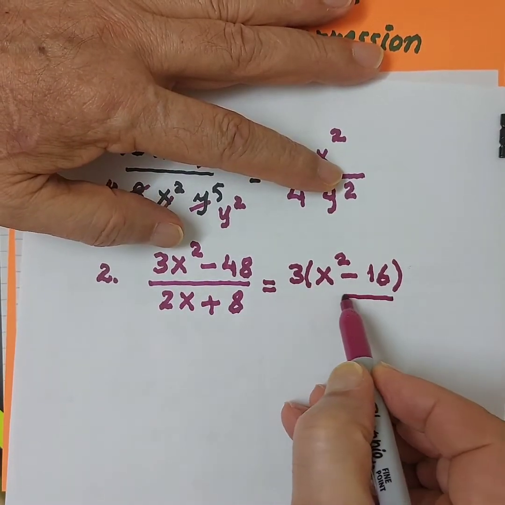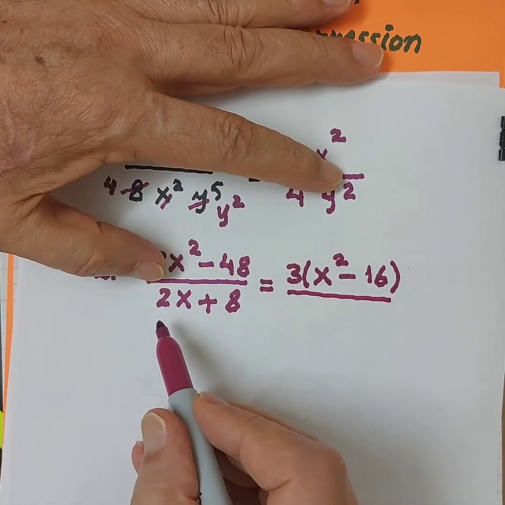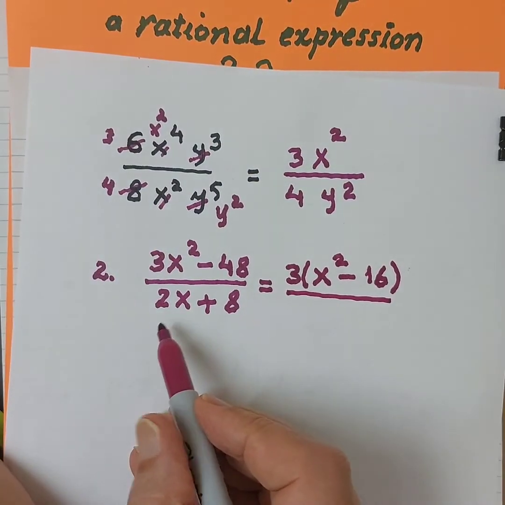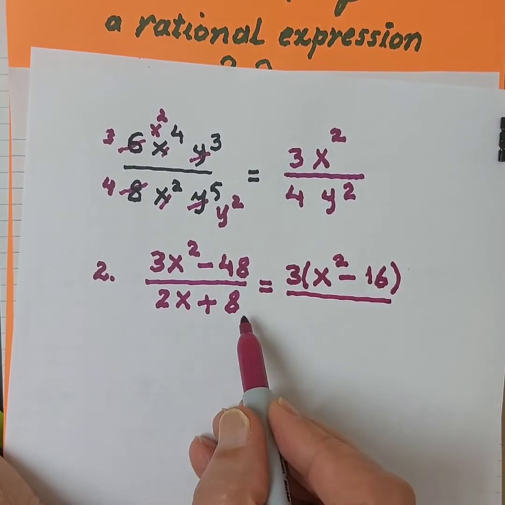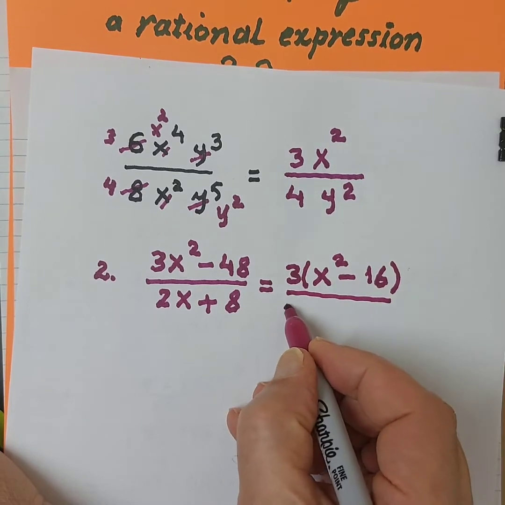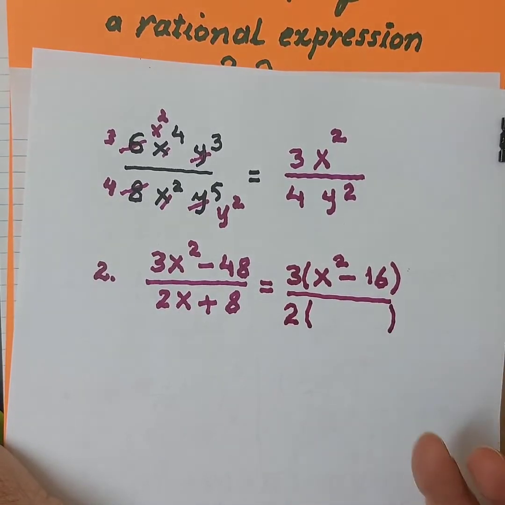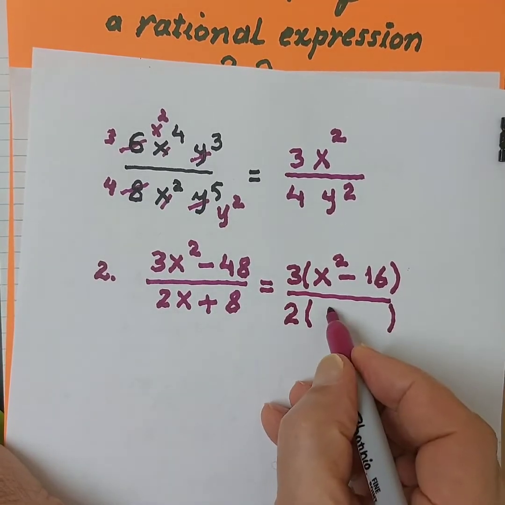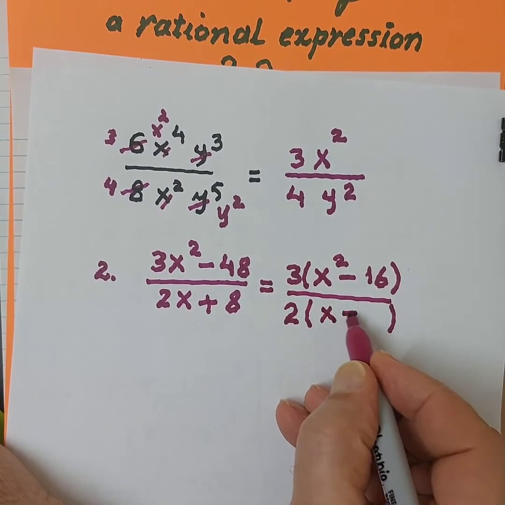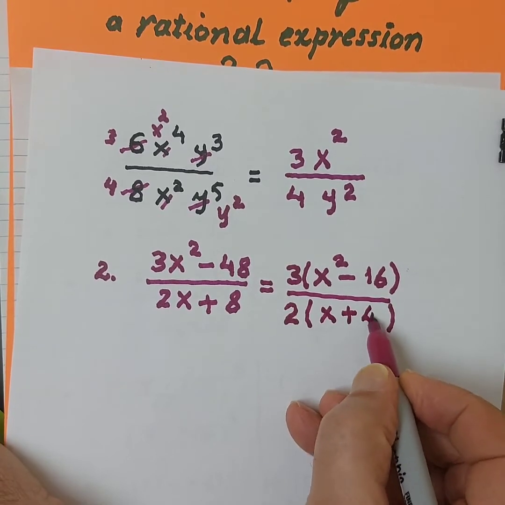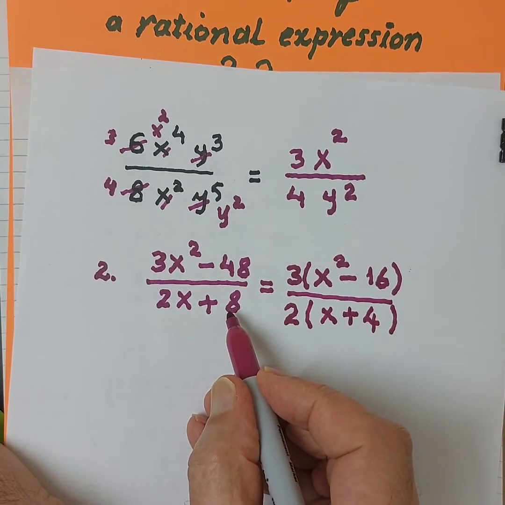Also in the denominator, we have 2 as common factor. So when we take 2 out and write in the brackets, the rest will be x plus 4, because 8 is like 2 times 4.